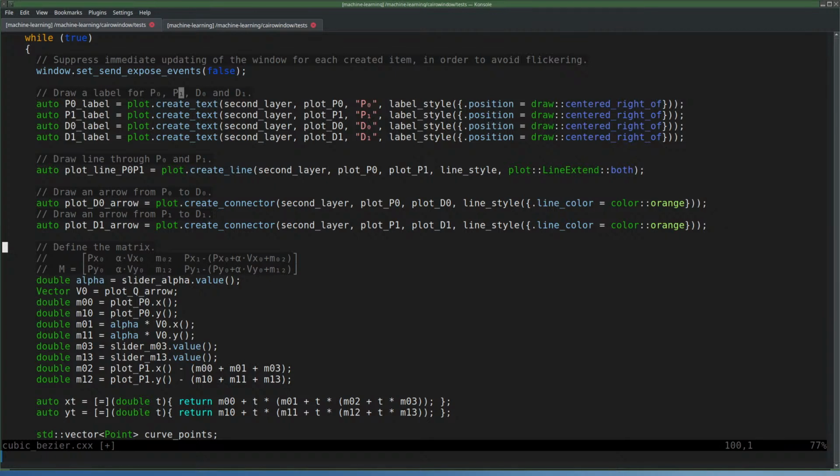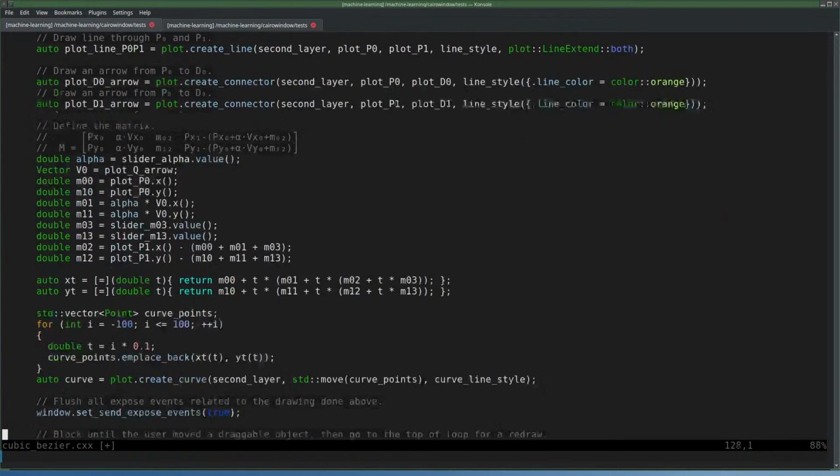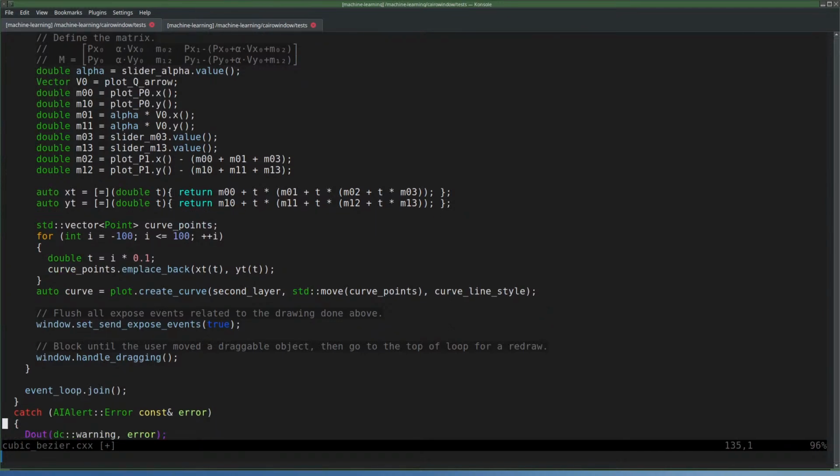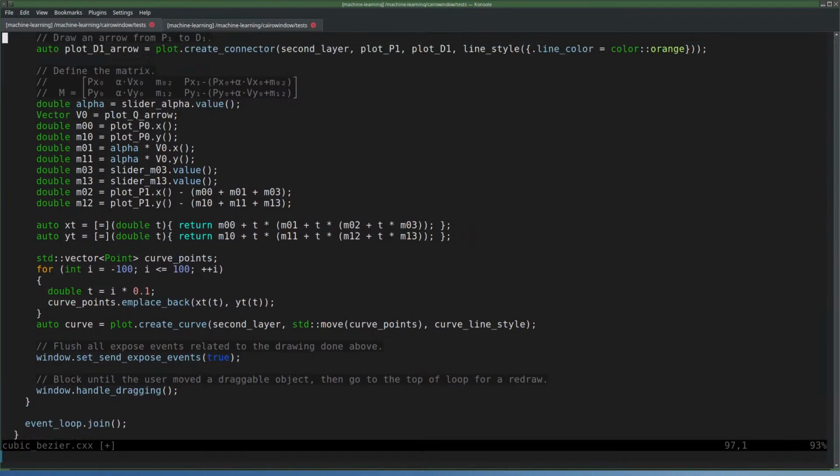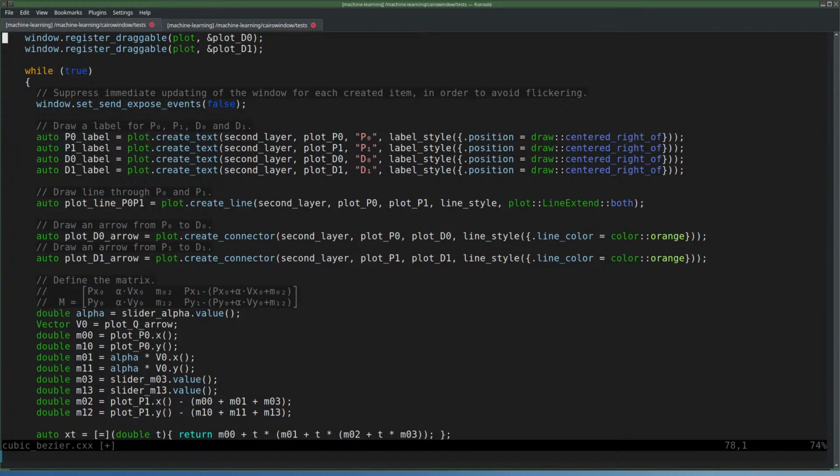I think that's it, apart from everything else below this. Defining the matrix still, yeah, and then we have it, right? I just have 4 points now that all can be dragged.